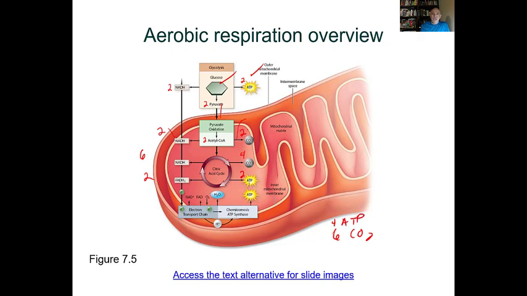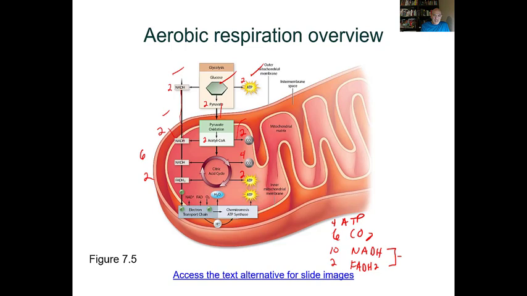Okay. And then how many NADHs altogether? 2, 4, and 6 more. That's 10 NADHs. And 2 FADH2s. There's still a lot of energy here in the electrons that these guys are carrying. And that energy, we can see these arrows.